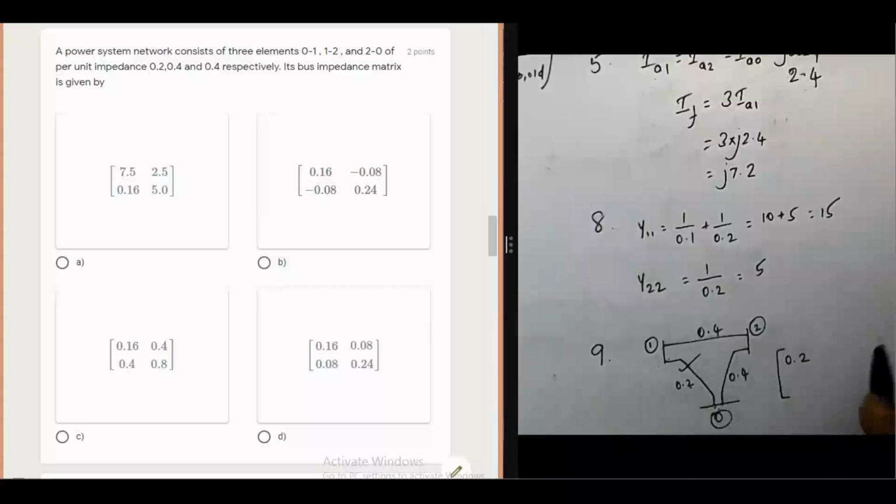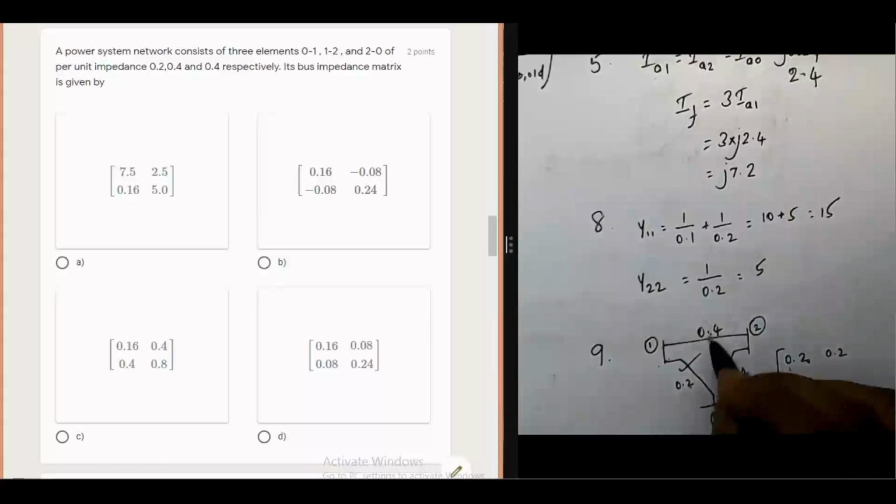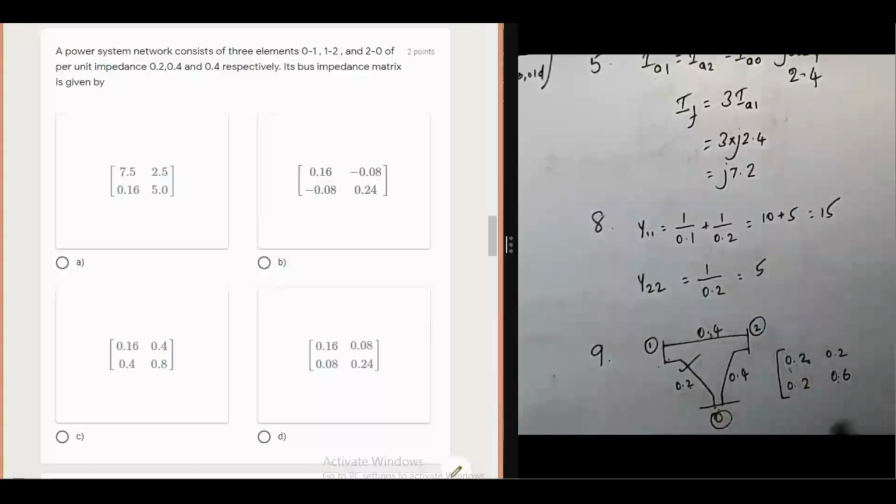This comes under case 2. In case 2, copy the row and column values, then the diagonal value is the previous diagonal value plus this branch impedance. Here the previous diagonal value is 0.2 plus 0.4, that is 0.6. Then this is completed.